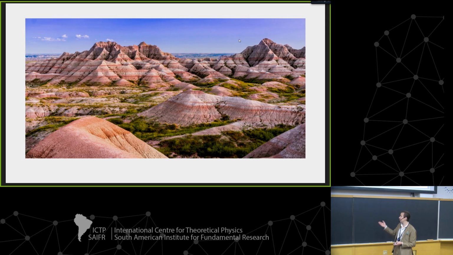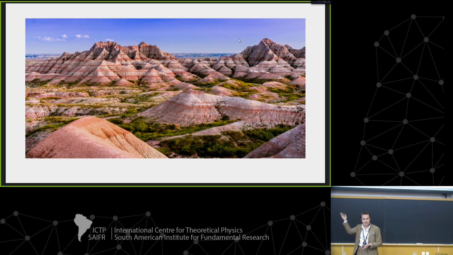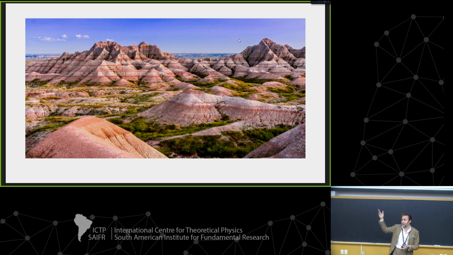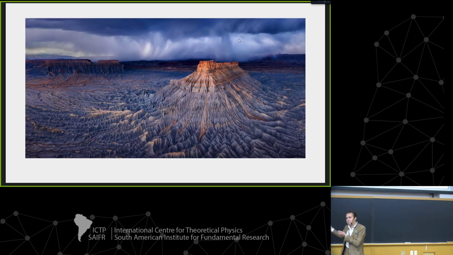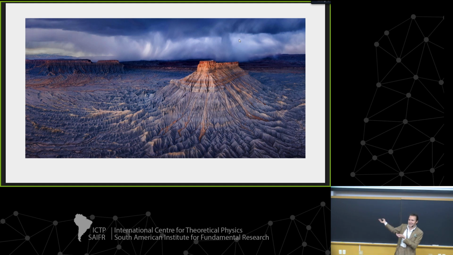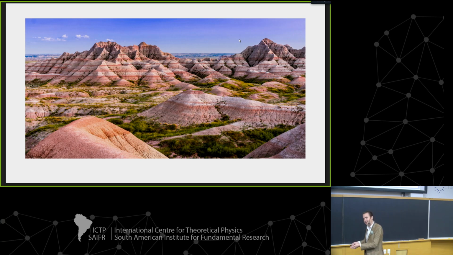So, for instance, you can look at this landscape. It's a very beautiful landscape. It's not a complex landscape in the sense that I talk about, because it's not high-dimensional, but it has a lot of maxima. And you might imagine that you try to run some algorithm to find the highest peaks in this nice picture. And this is a different landscape, which is similar. It has lots of high peaks and lots of low peaks. And you might imagine it looks qualitatively different from the first landscape in a lot of ways.